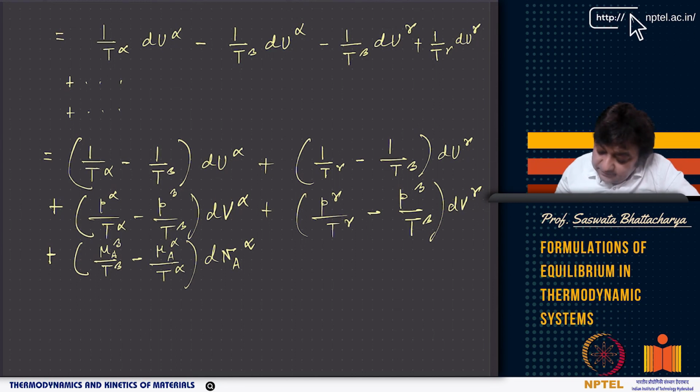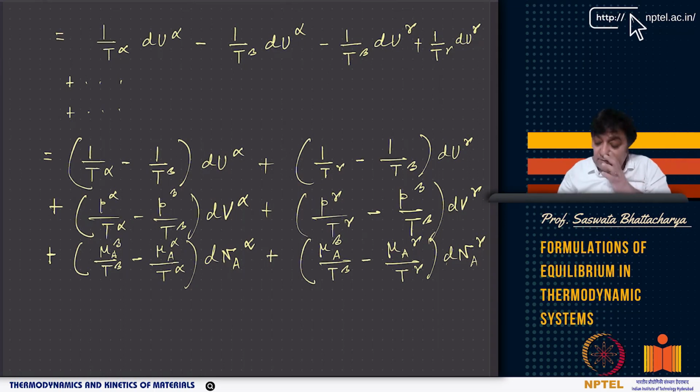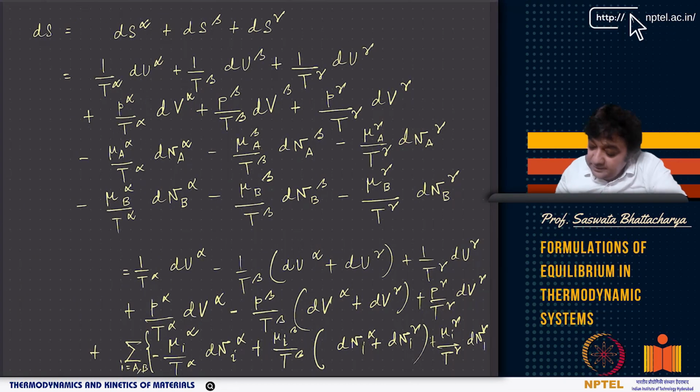And then this will be plus mu A beta by T beta minus mu A gamma by T gamma, and this will be dNA gamma, right?